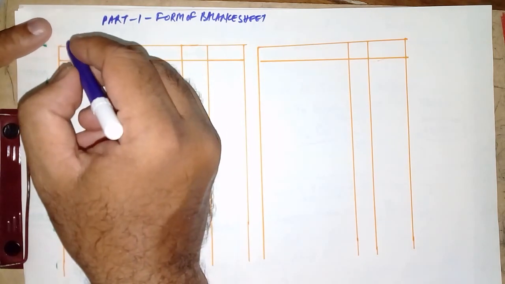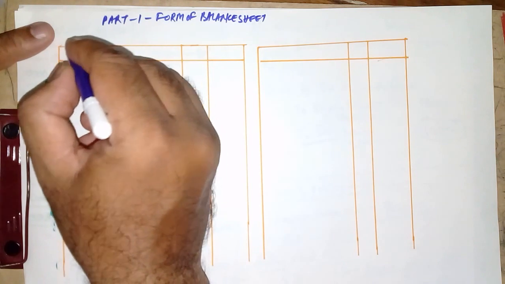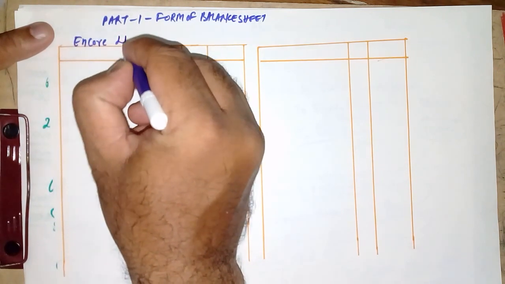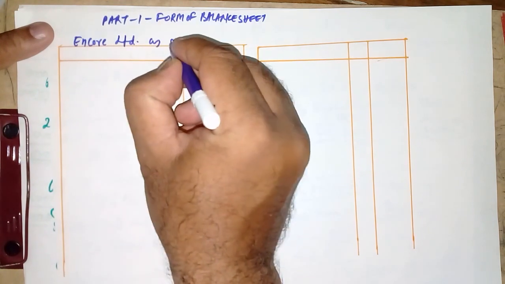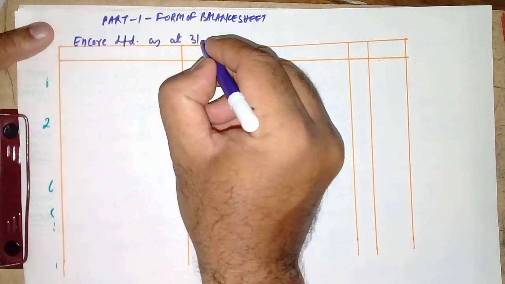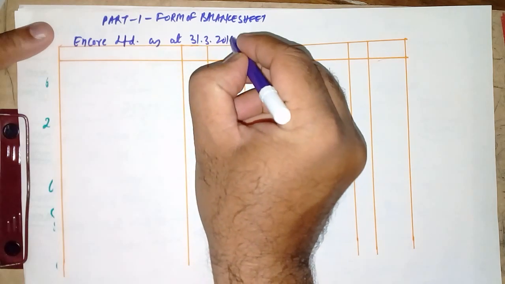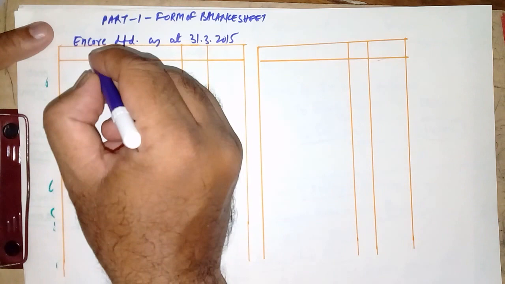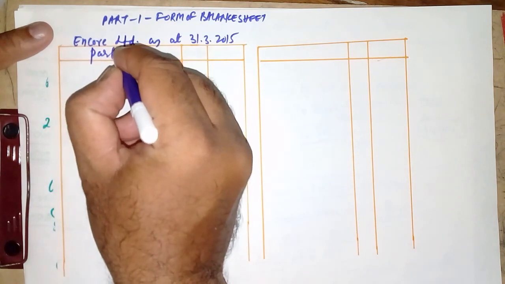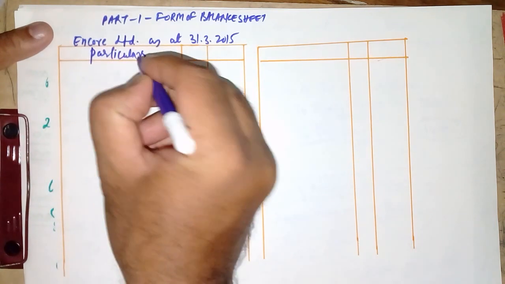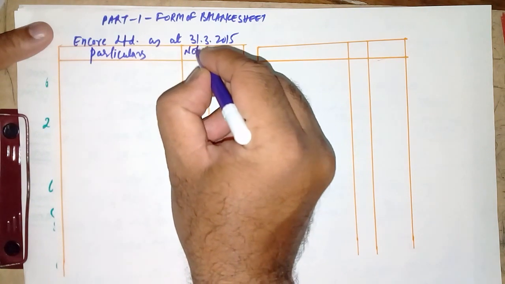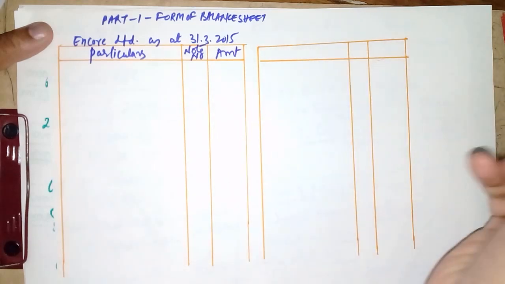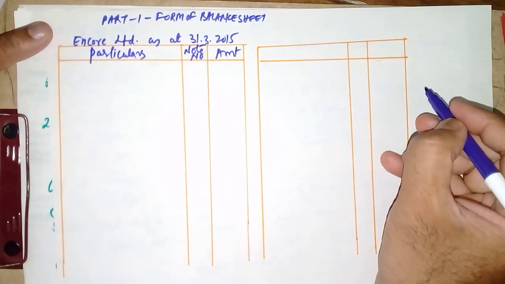Name of the company is Encore Limited as at 31/3/2015 in the question, right? So then particulars, this is note number and this one is amount, right?